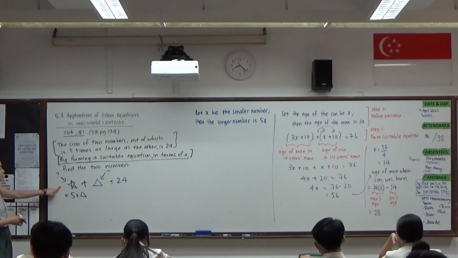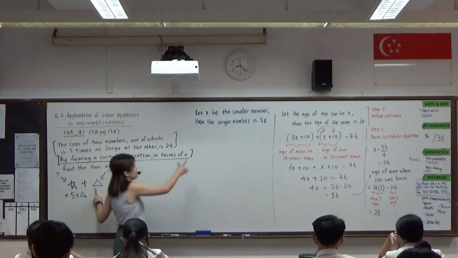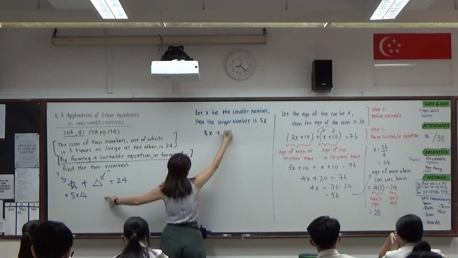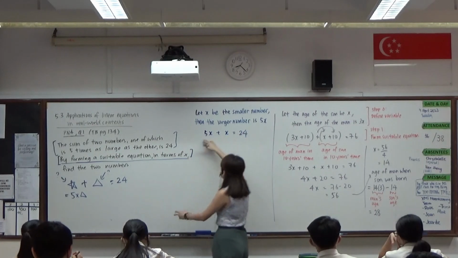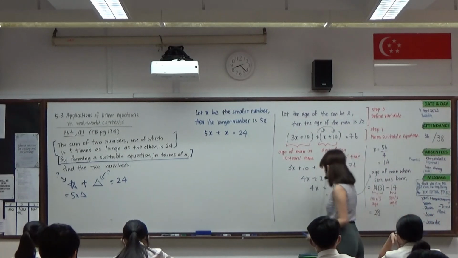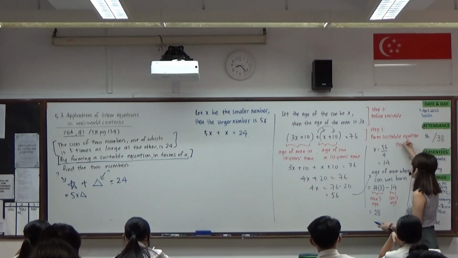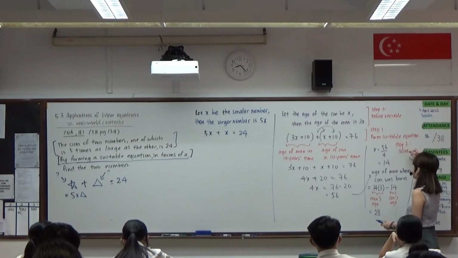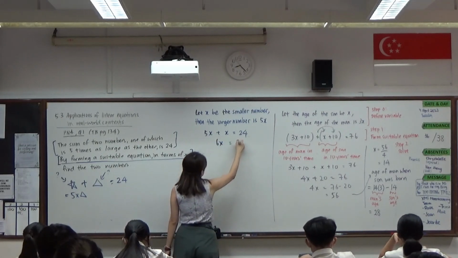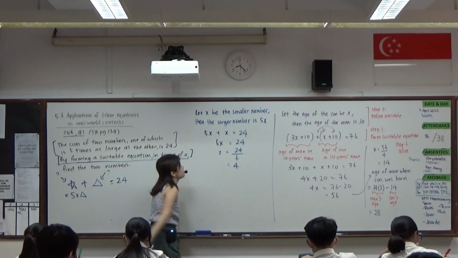So next step will be 6x equals to 24. x equals to 24 divided by 6, and that is 4.